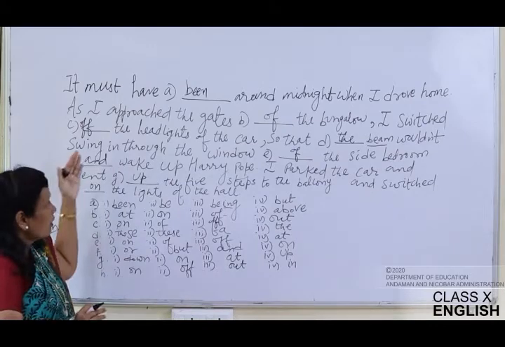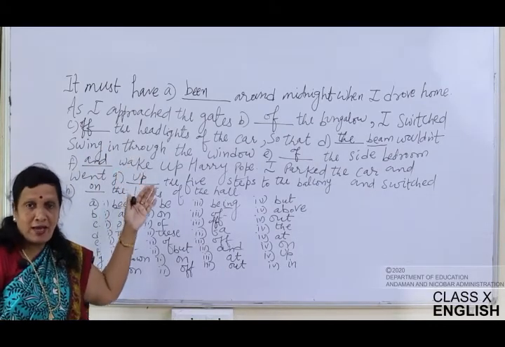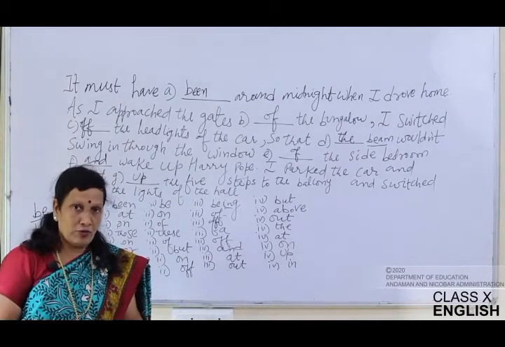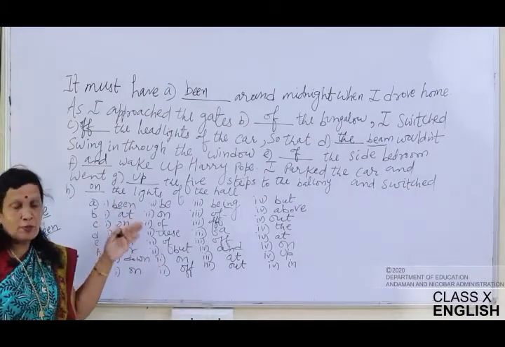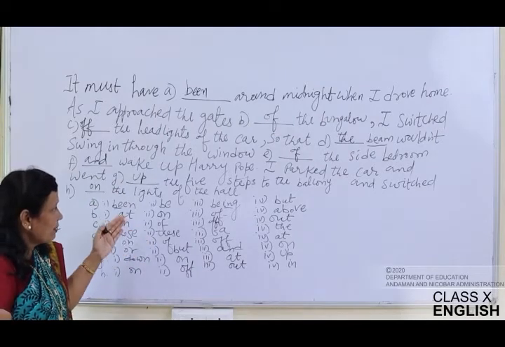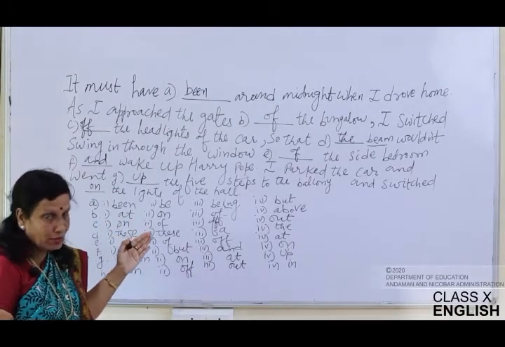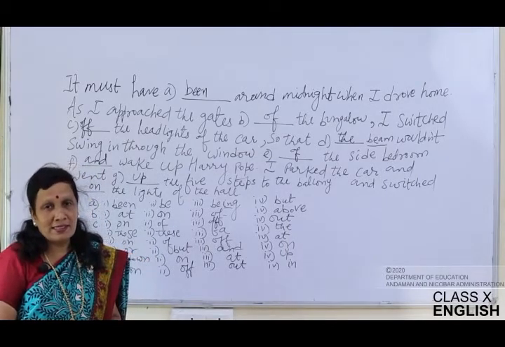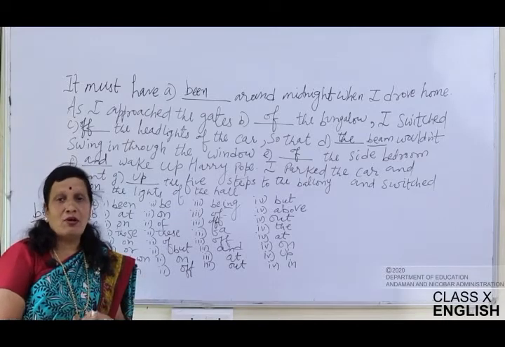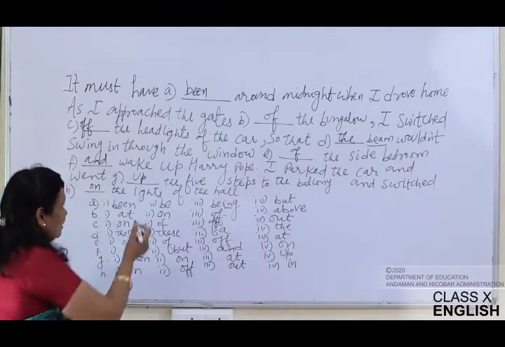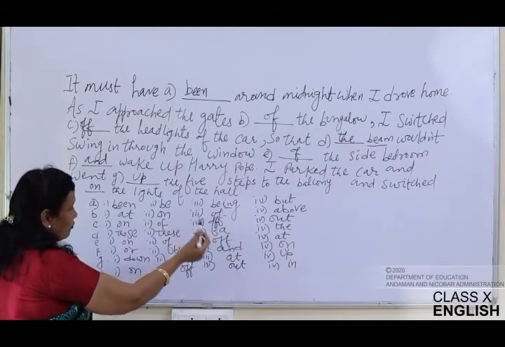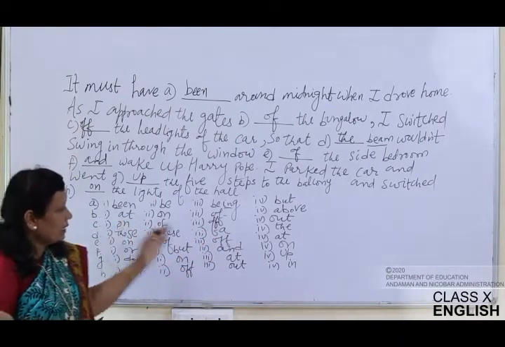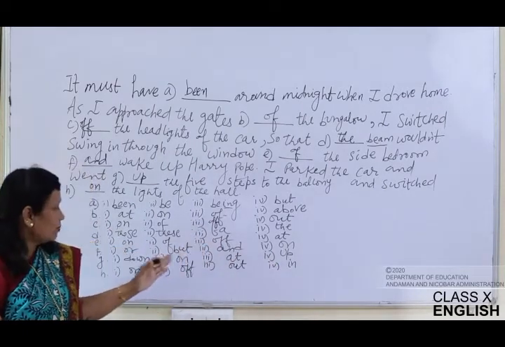Okay, children. So, I hope it is clear to you, and as we are practicing more exercises, you are becoming more confident. If you look at the options here, the options were prepositions. Okay, you have learnt about prepositions in your upper primary classes, and also simple prepositions in your primary classes. At, on, off, right, on, up, in, all these are prepositions.